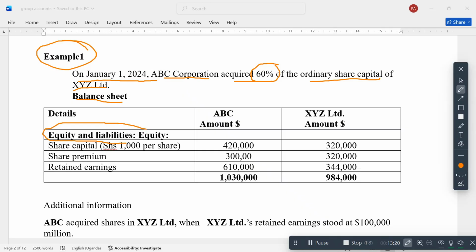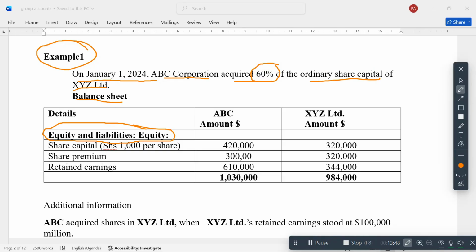Remember, a balance sheet is made up of assets, liabilities, and equity. I have picked the section for equity because, as I told you, when you are determining net asset summary, you only concentrate on the part for equity. Meaning, if your balance sheet is coming, with assets and liabilities, you go to the equity section, you identify.